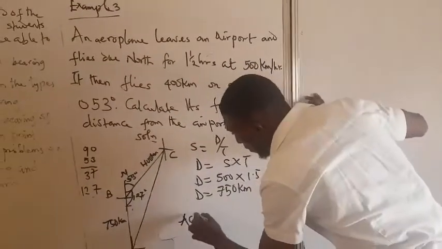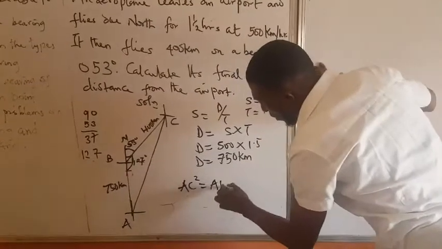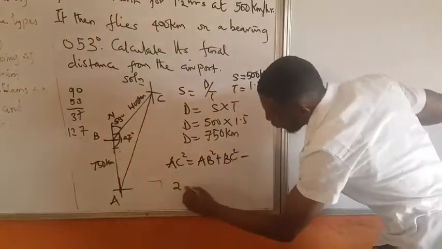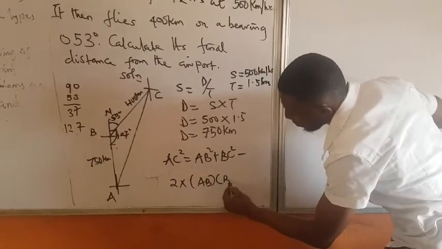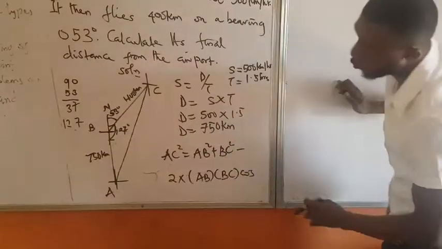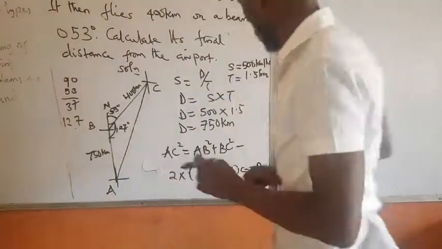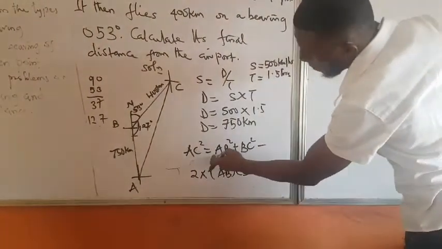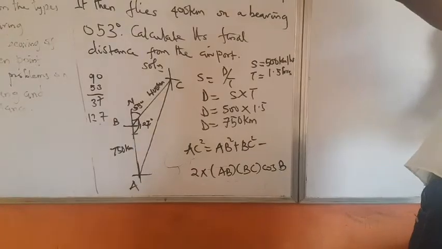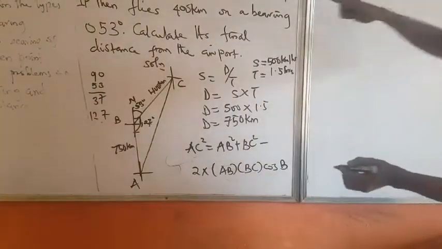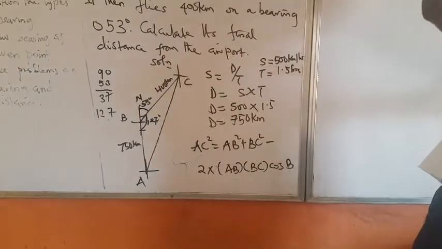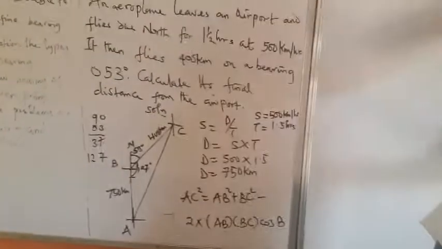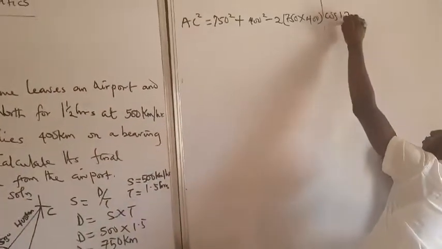From the cosine rule, AC squared equals AB squared plus BC squared minus 2 times AB times BC times cos B. So AC squared equals 750 squared plus 400 squared minus 2 times 750 times 400 times cos 127 degrees.